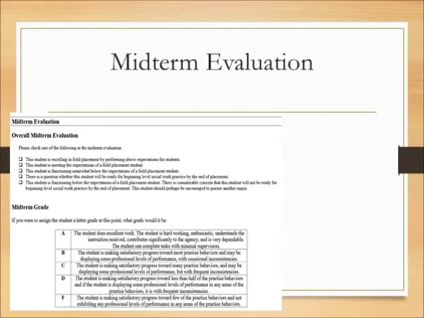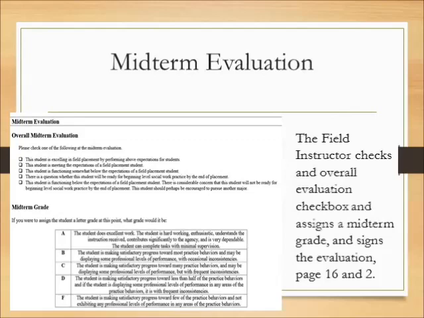At the end of the Likert scale ratings, you'll see towards the end of the document a midterm evaluation where you'll provide an overall grade for the student, whether they are doing well above expectations at the placement, or if they are really struggling and there needs to be conversations about terminating placement.